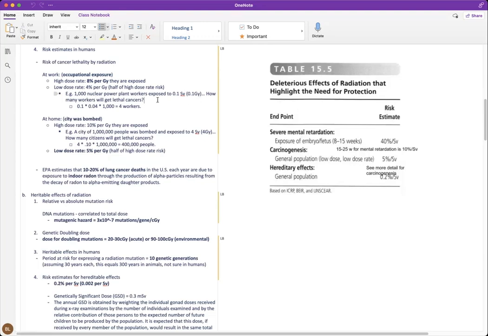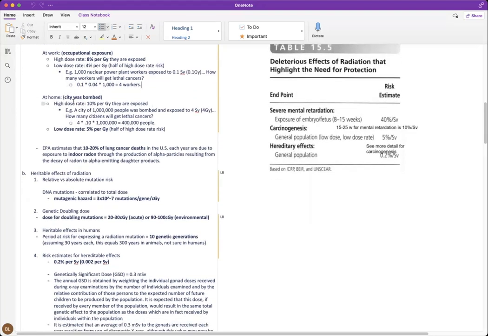How many workers will get lethal cancers? This was a low dose rate. So 0.1 gray times 0.04 for 4% times 1,000 equals 4 workers.